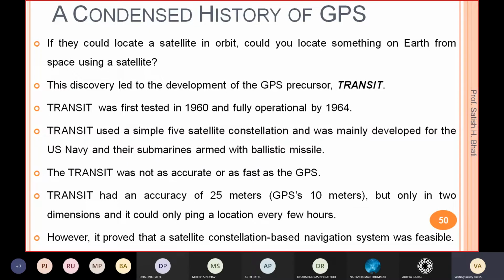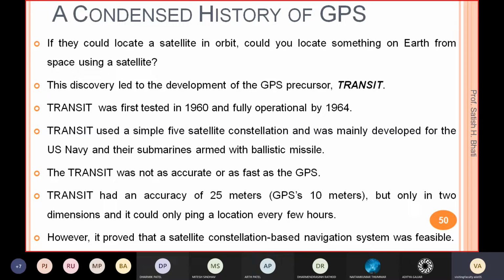So, as I told, initially the main application was in the military, for the missile guidance system. The scientists started the GPS technology, and at that time the name was Transit.